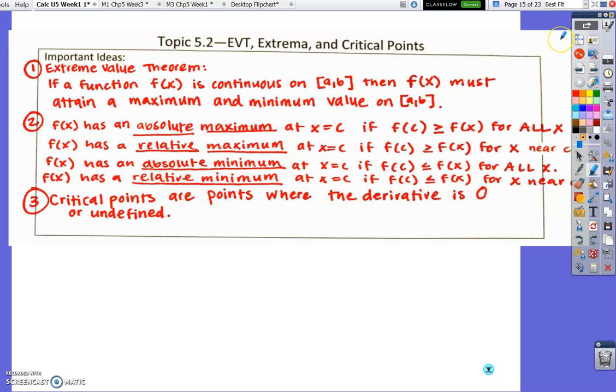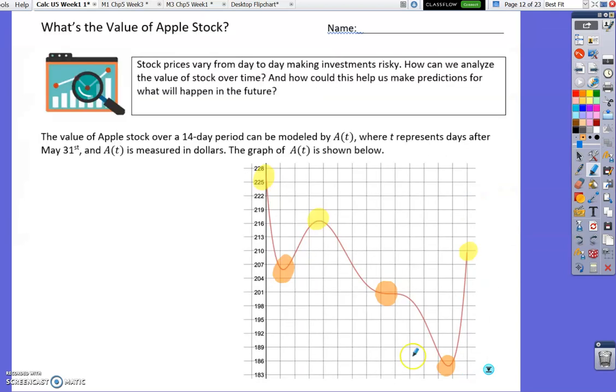Critical points are points where the derivative is 0 or undefined. So that's really important. Critical points occur when the derivative is 0 or undefined. And so when you think about that particular one, the reason I marked this, going back to the graph, this one right here, is because the derivative is 0 right there.